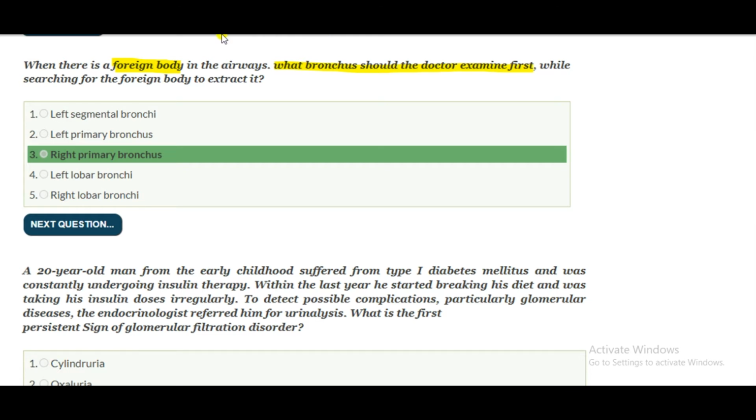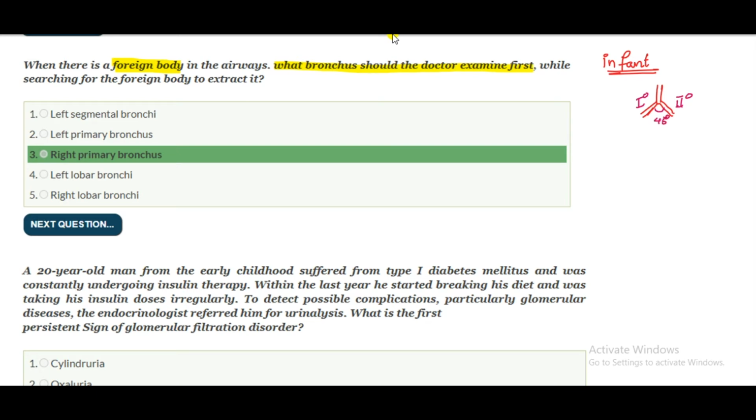Okay, a foreign body in the airways. Which bronchus should the doctor examine first while searching for the foreign body to extract it? In an infant, we can draw the trachea and the primary bronchi, right and left.